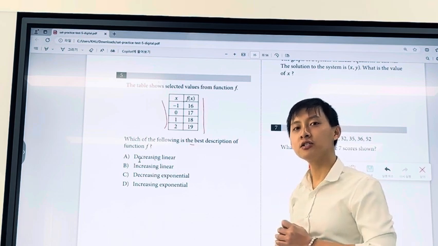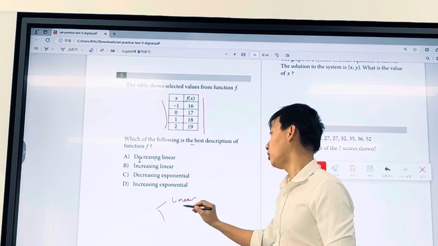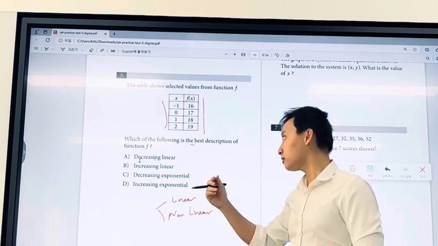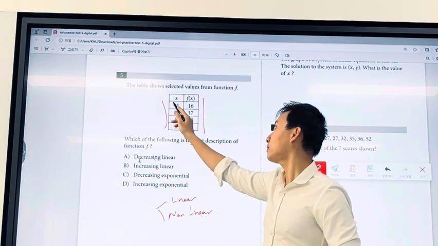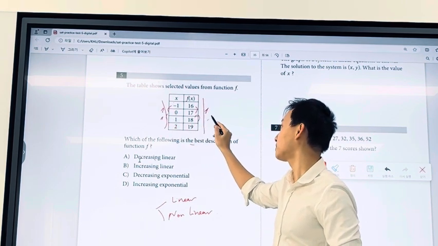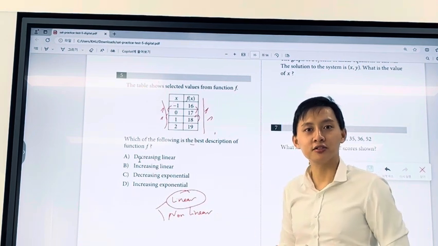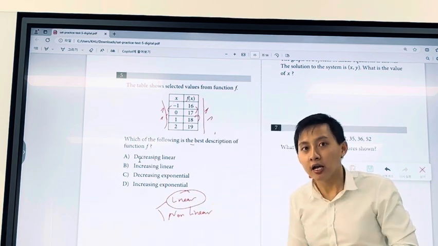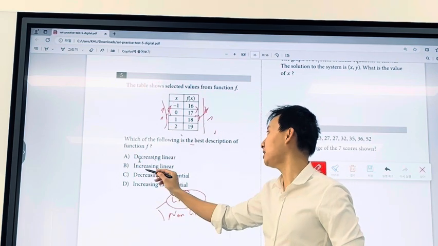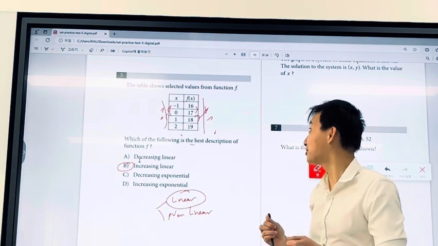When x increases by 1, y increases by 1, and again x increases by 1, y increases by 1. That is obviously linear. Now we try to determine whether it's decreasing or increasing. When x increases, y increases, so we choose the answer that's increasing and linear. It's very easy.